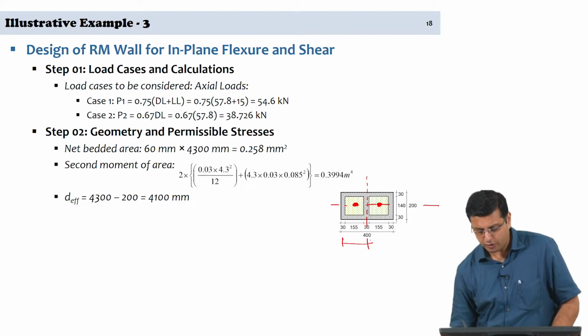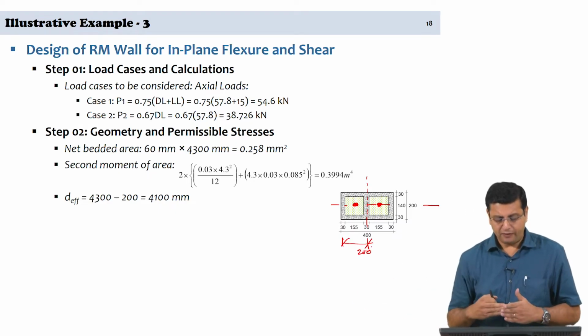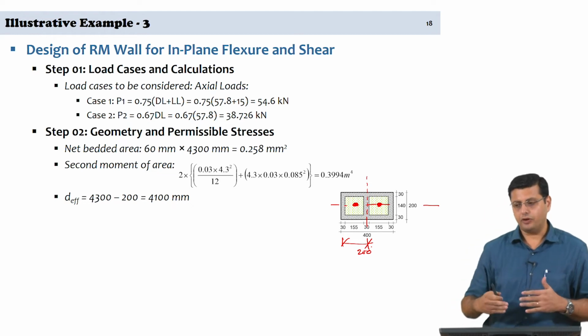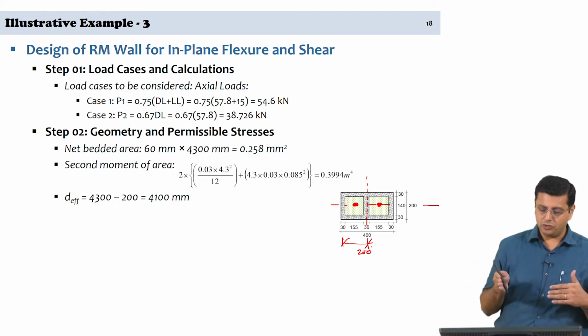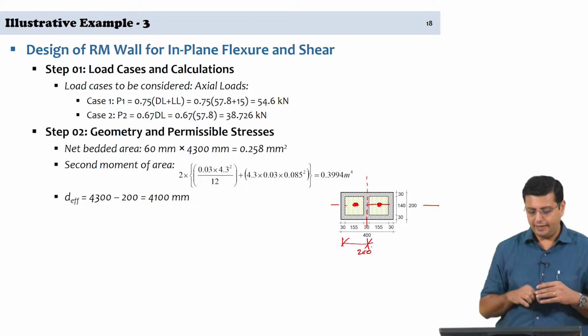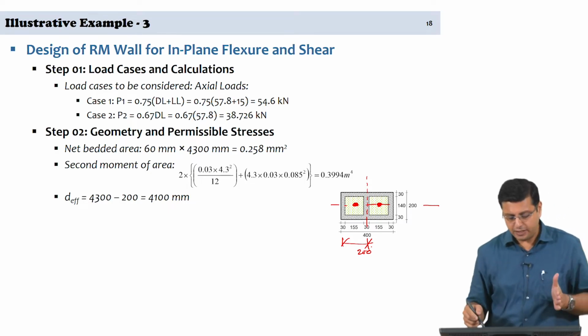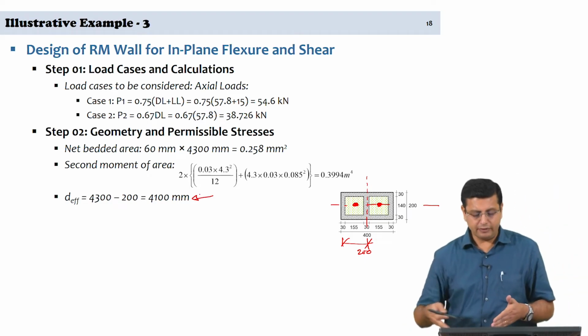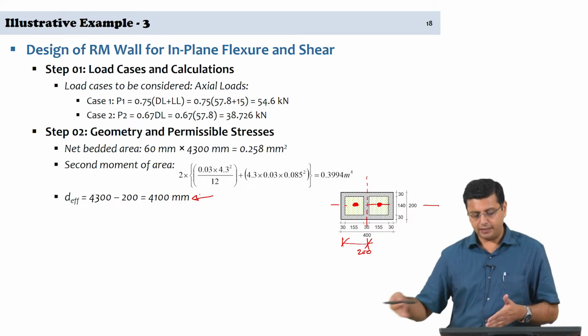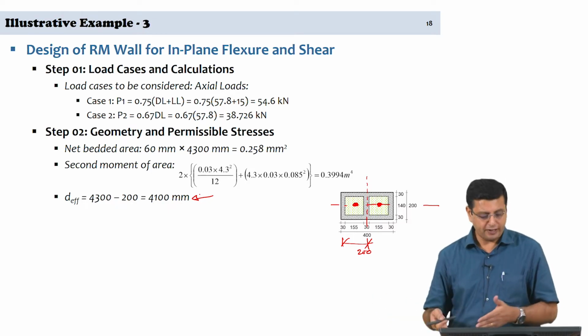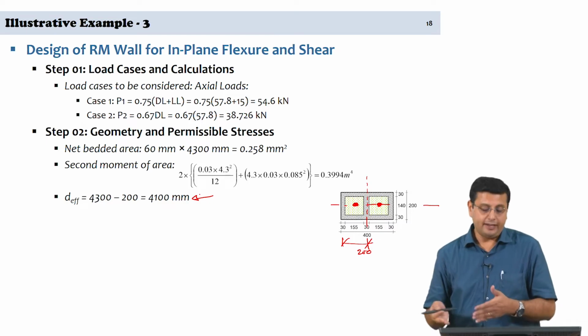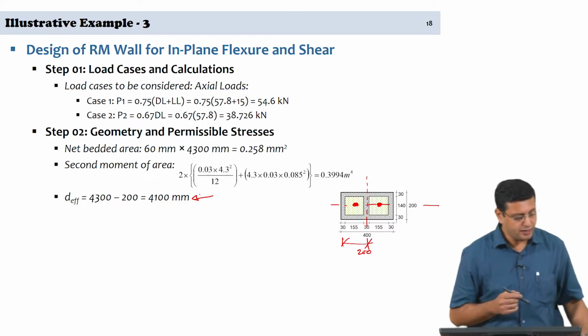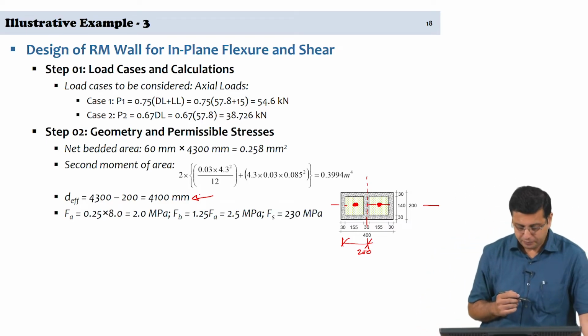The effective depth is calculated from the extreme compression fiber to the centroid of the steel reinforcement, and that is 200 mm from the edge, and therefore, the effective depth is taken as 4100 millimeters. Of course, if the steel reinforcement is going to be placed in many more cells, then you will have to come back and make alterations to the effective depth calculation.